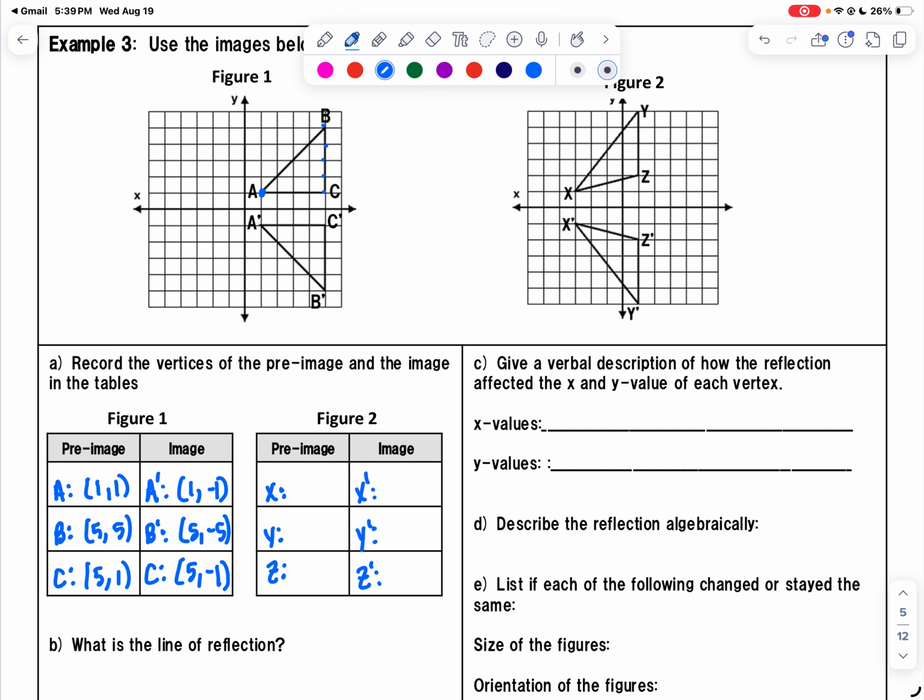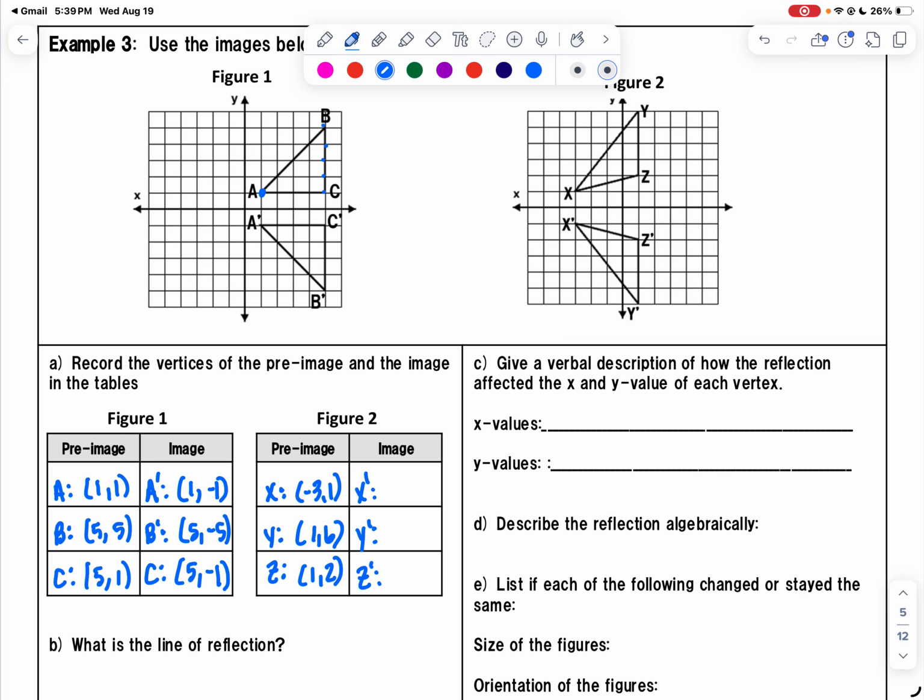All right, welcome back. So on point X, I had -3, 1. On point Y, I had 1, 6. And on point Z, I had 1, 2.